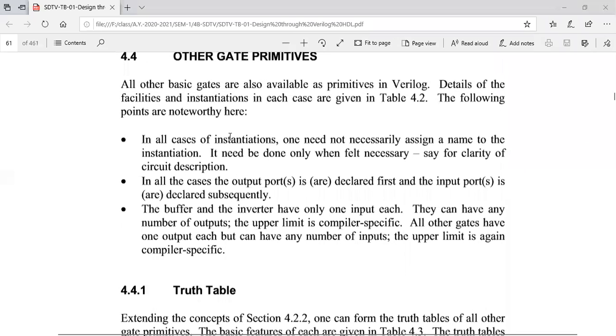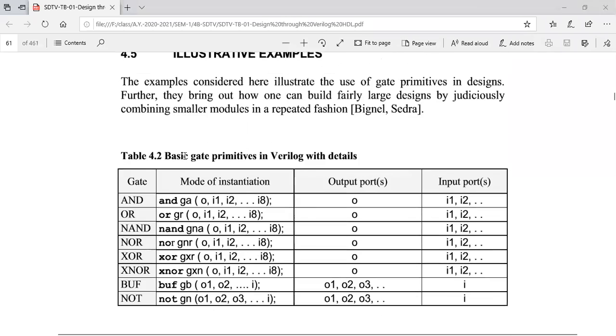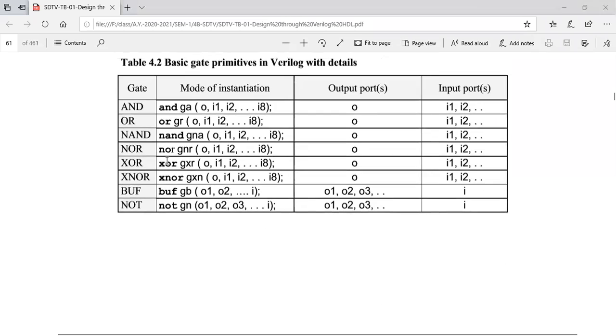Generally we may also not have any name for a module, but we will generally give the name. Why? Because only then can we call it with the proper name, as in the truth tables. So you can see this: basic gate primitives, inputs and output ports.